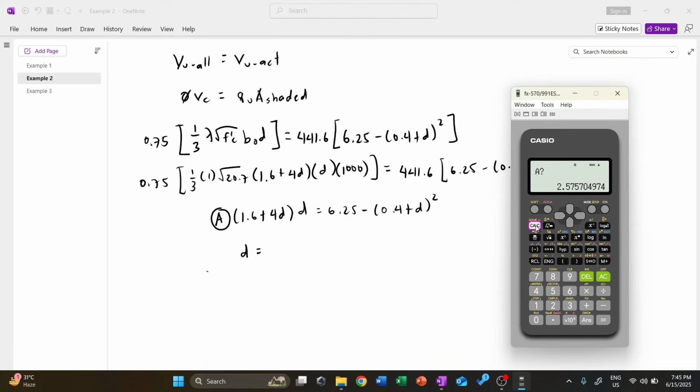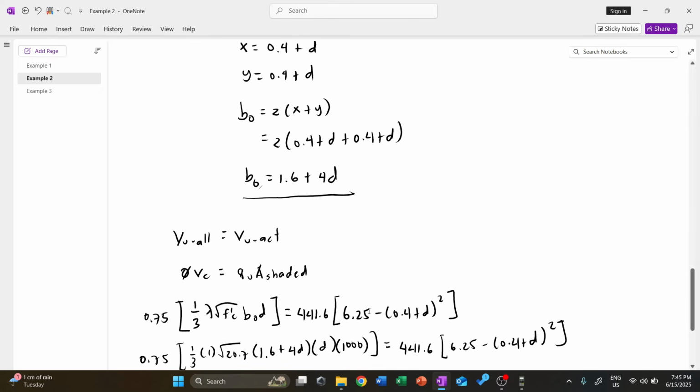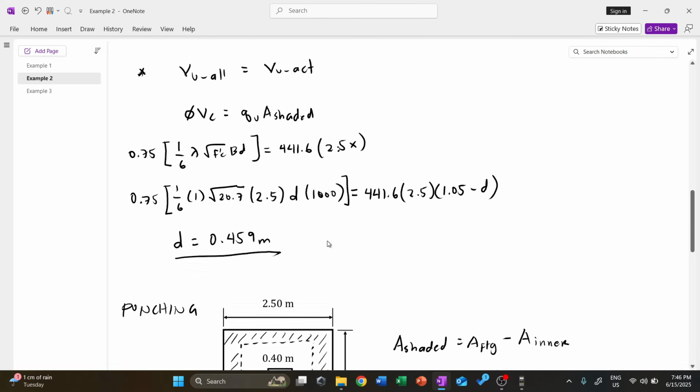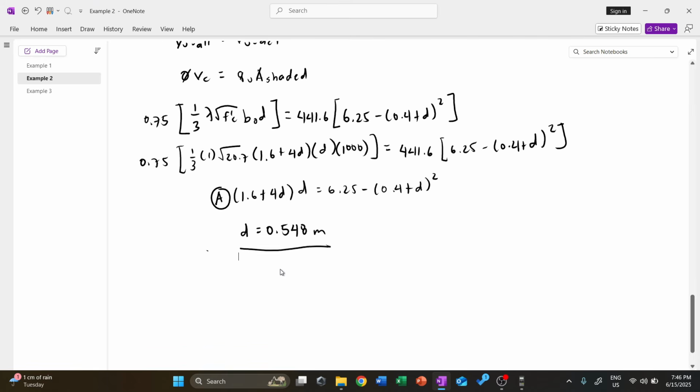Okay? Then, try natin i-solve. So, ayan. Kaya naman, no? So, D natin dito ay 0.548 meters.